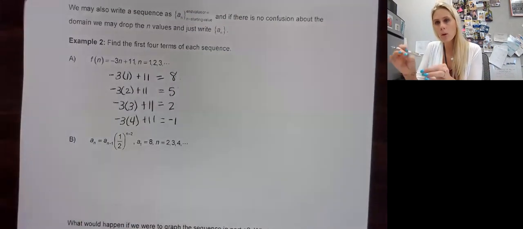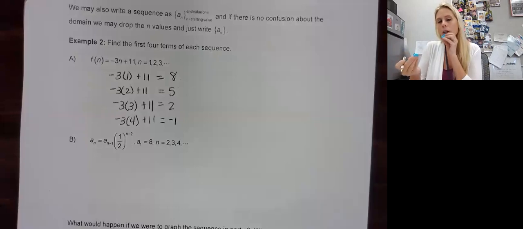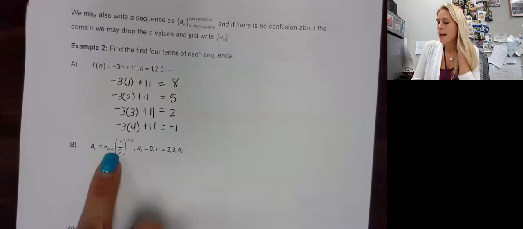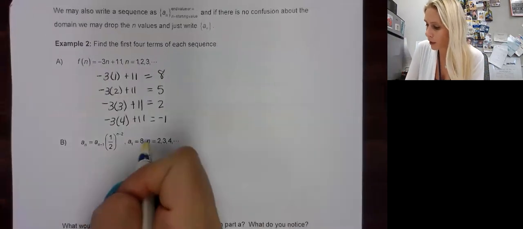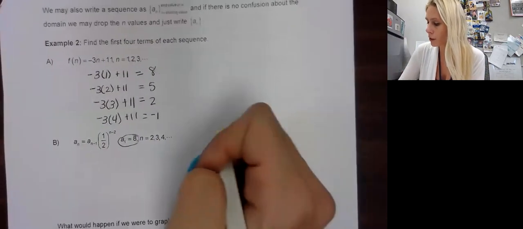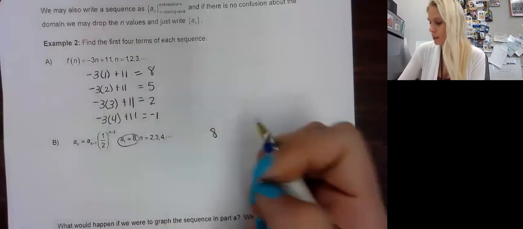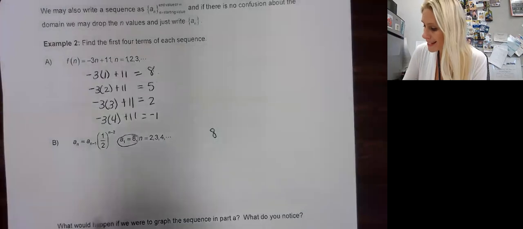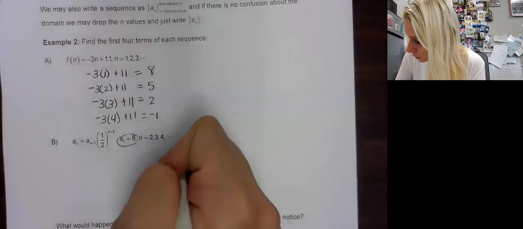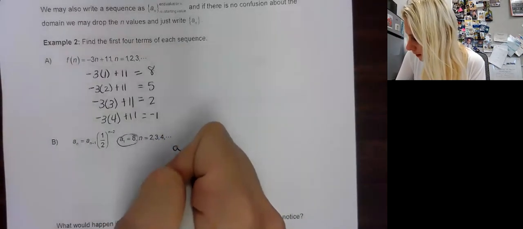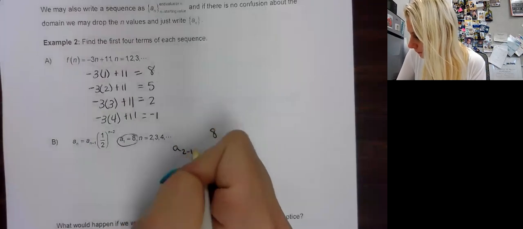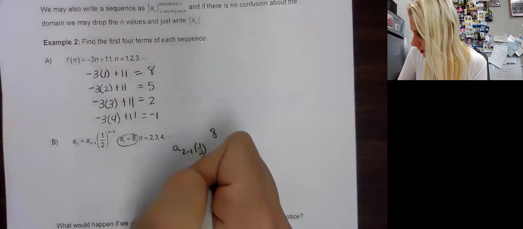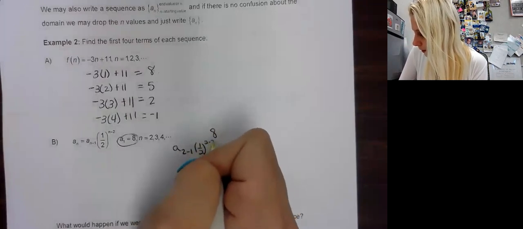Now it's a little bit more simple, but here you have to look at the complication of this. First of all, this tells us that our first term is 8. So we're going to start out with 8 as the first term. For the second term, we have a sub 2 minus 1 times 1/2 to the 2 minus 2.